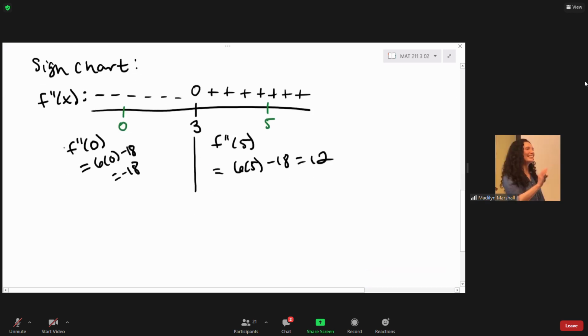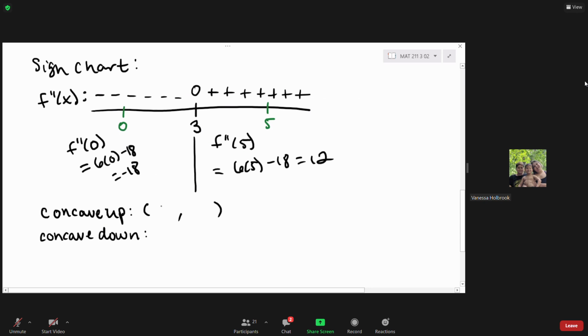Let's take a little side note and think about where this graph is concave up and concave down. On what interval is this graph concave up? Zero to infinity? Not 0. What's our partition number? 3.